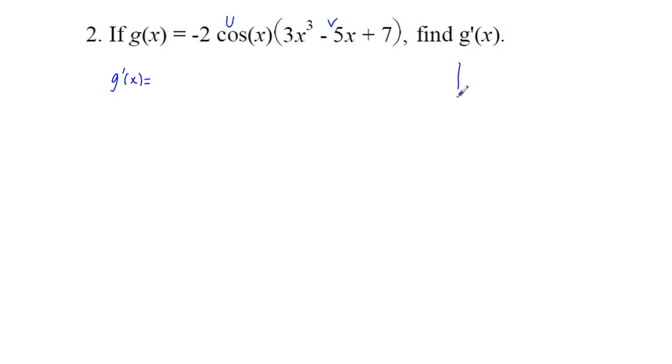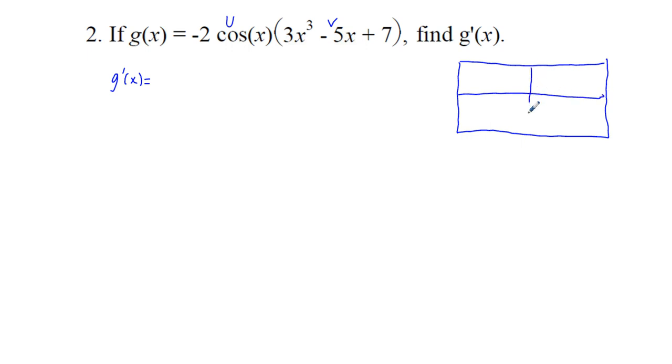I'm going to put the same graphic organizing box we did for problem 1, in this case maybe a kind of big box. So we have u, then u prime, v, v prime.